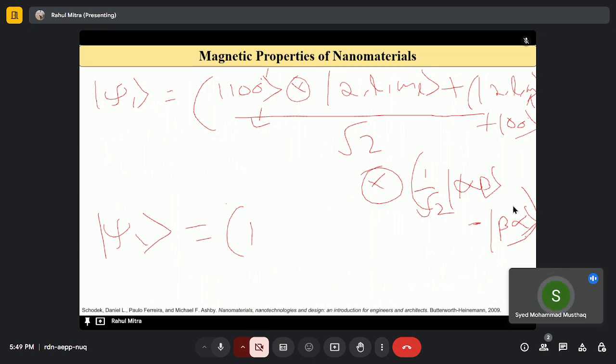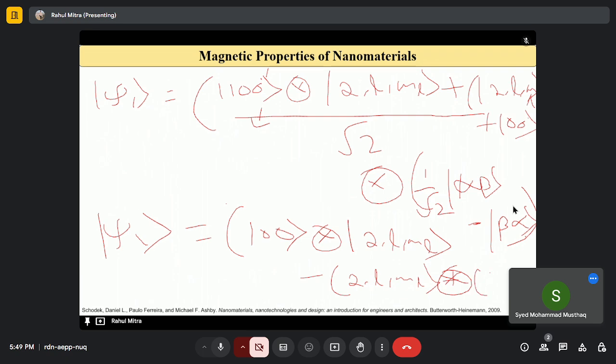Let me represent it again. The states will be the same. The electron will occupy one of the 1s or 2s or 2p, but the only difference is this asymmetric spatial distribution.